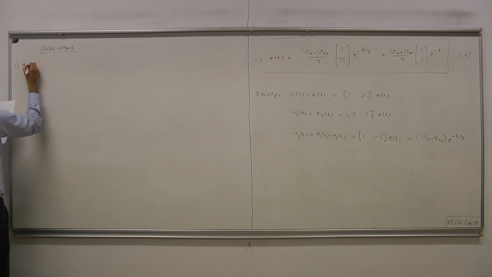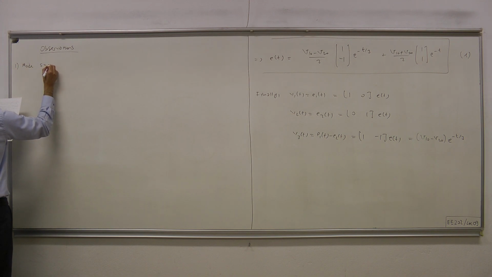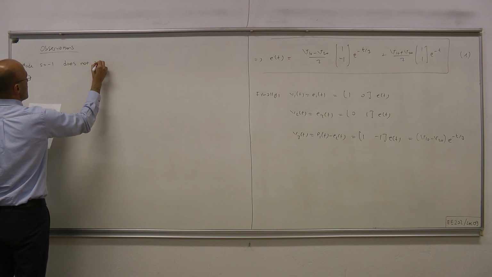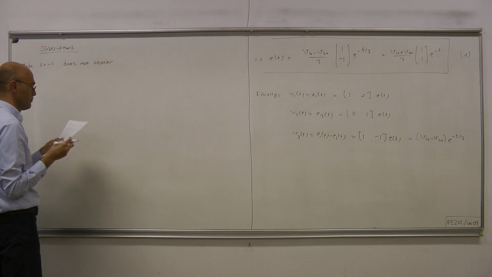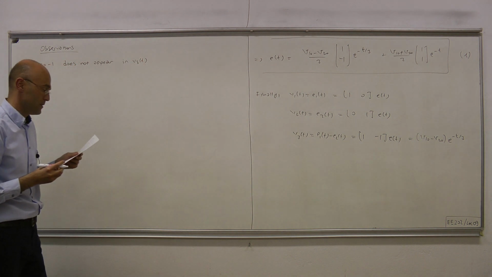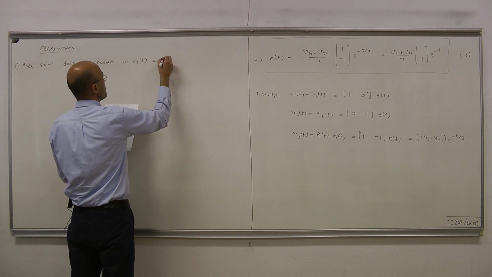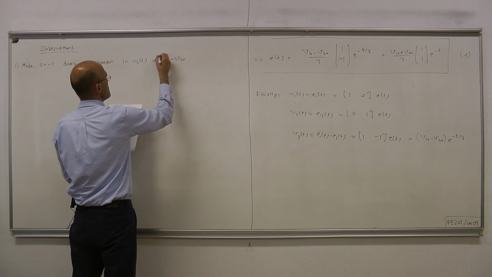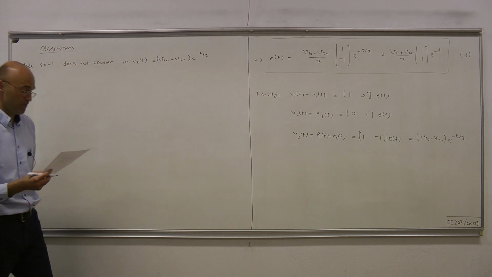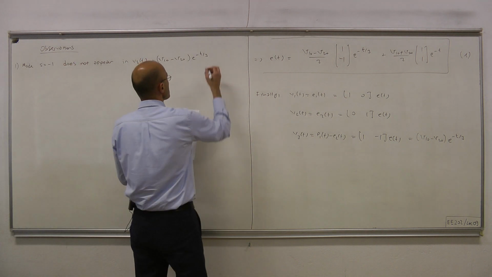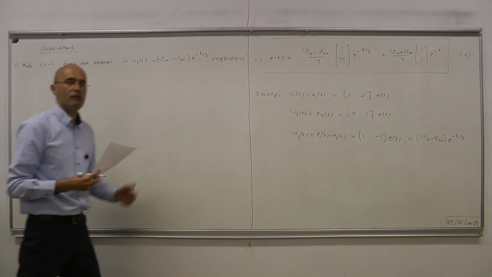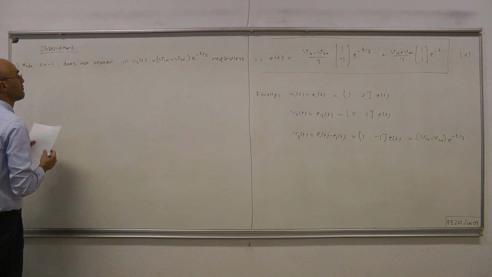The mode s equals -1 does not appear in v3(t) equals (v1(0) minus v2(0)) e to the minus t over 3, regardless of how you choose the initial capacitor voltages.